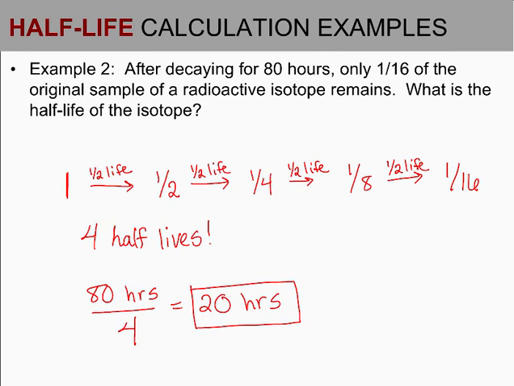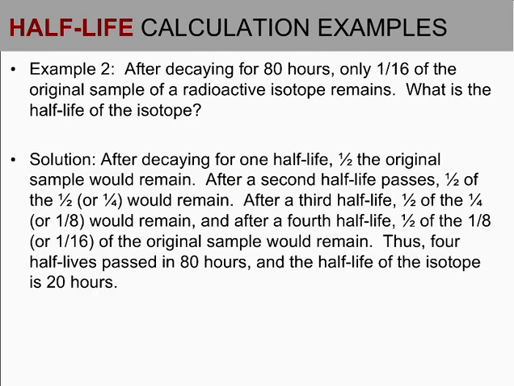Once we know the number of half-lives, we can just divide the total time it took by that number to get the half-life. So it takes 20 hours for this particular radioactive isotope to decay to half of its original sample size. All right, and here's an explanation of that calculation.